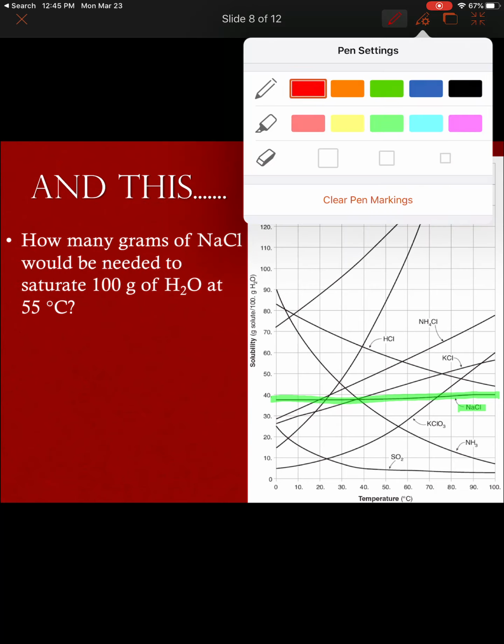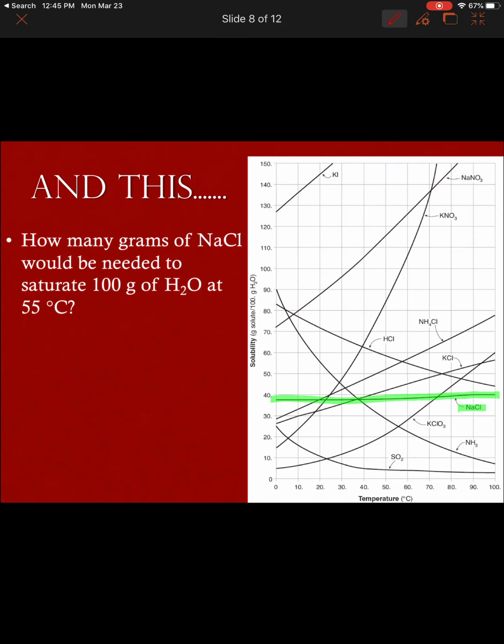Now it's asking us how many grams, so we're looking for what's on the Y, at 55 degrees Celsius. So 55 is going to fall smack in between 50 and 60. So we're going to draw a line straight up, as straight as I can get it, to the curve. And then we're going to draw straight across.